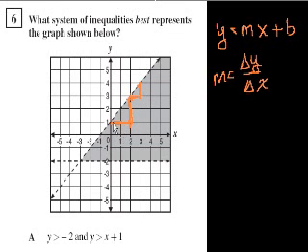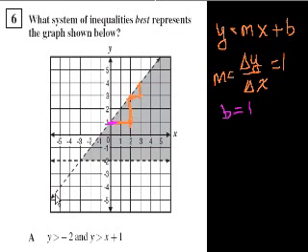So m is equal to 1 for this first line up here. And what's its y-intercept? The y-intercept is what the graph equals when x is equal to 0, or where it intersects the y-axis. It intersects the y-axis right here at y is equal to 1. So b is equal to 1.